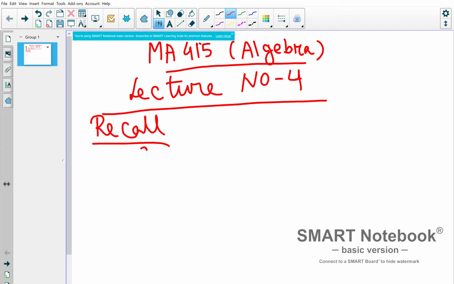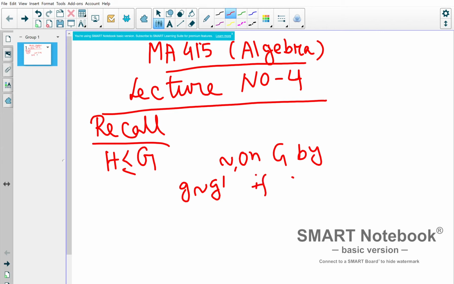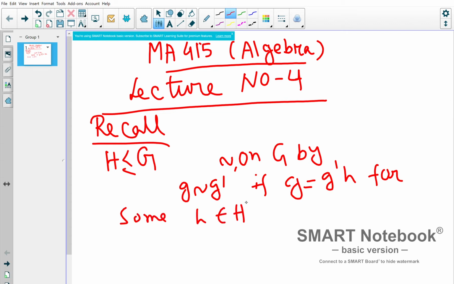You have a group G and a subgroup H, and then you define a binary relation tilde on G as follows. We say that G is related to some G dash if G equals G dash H for some H belongs to H. Then we check that tilde is an equivalence relation.